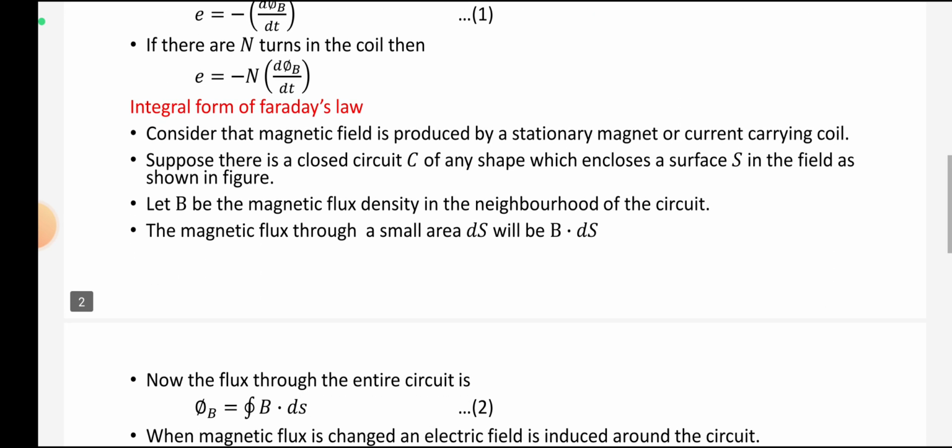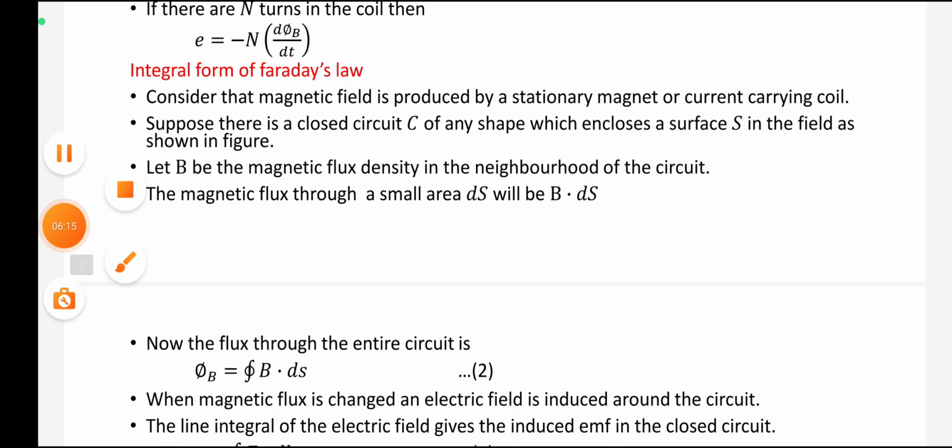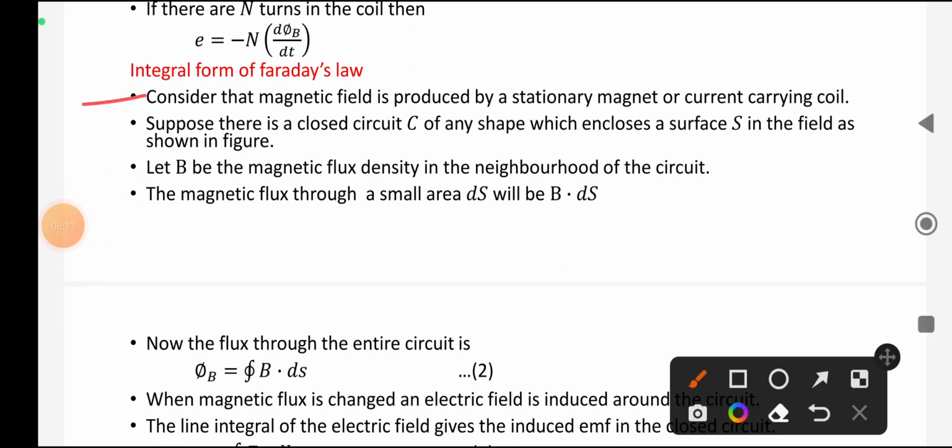Next, the integral form. Consider that the magnetic field is produced by a stationary magnet or a current carrying coil. Suppose there is a closed circuit C of any shape which encloses a surface S in the field, as shown in the figure.